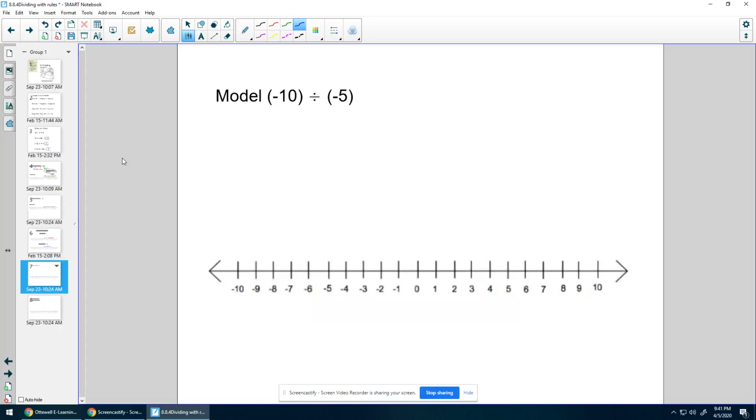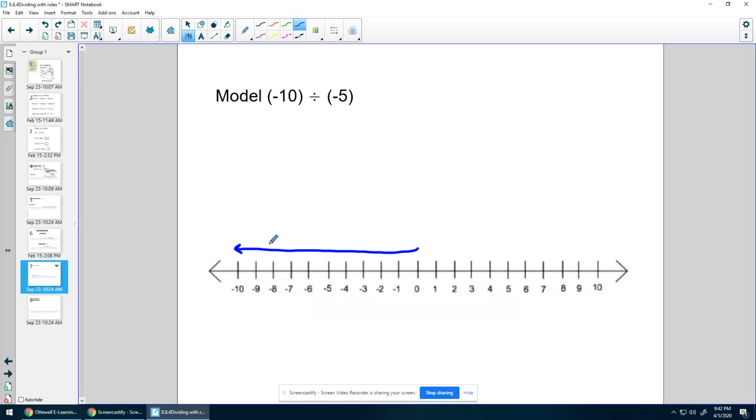Okay, this last one here. We have a negative divided by a negative. So we are going to draw -10, starting at 0. We draw our line to -10. We are dividing by a negative. Our arrow points towards the negative direction.